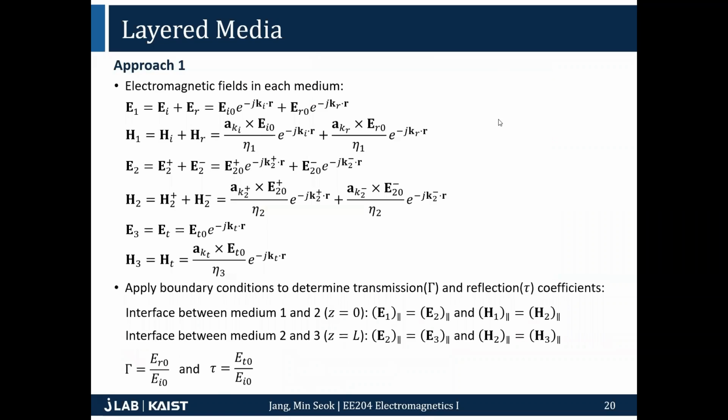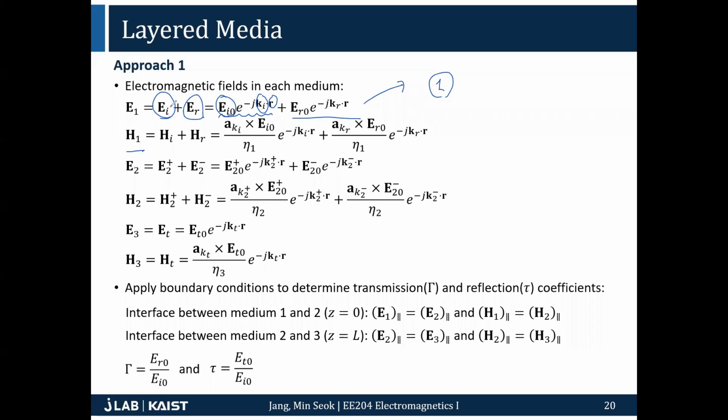Okay, so one way to solve this problem is this. Because we know the incident wave, the incident wave should look like this, right? E_I naught e to the minus j K_I dot r, where E_I naught is the incident wave amplitude, and then the reflected wave, which is this. So this is the total electric field in medium 1.